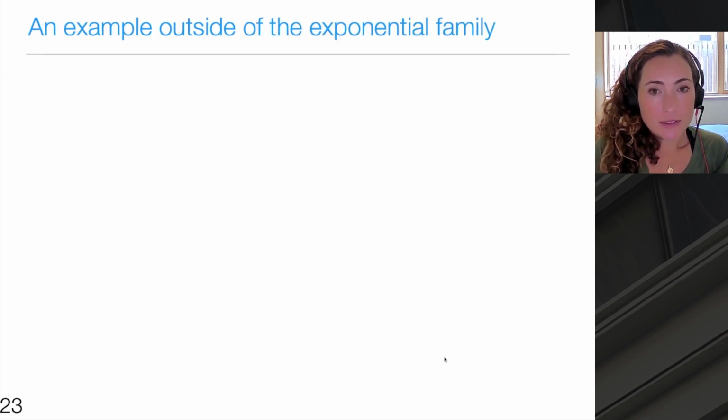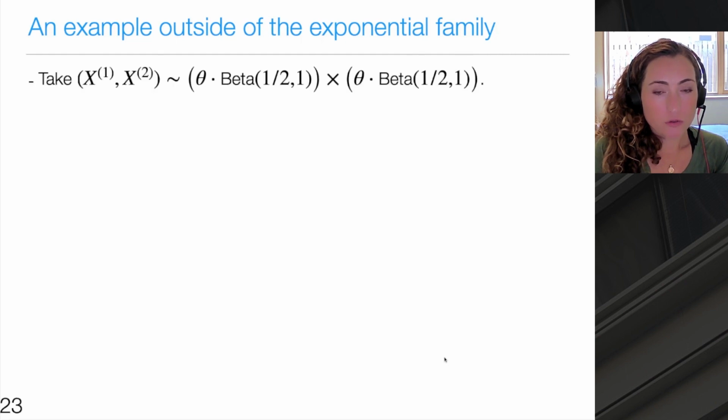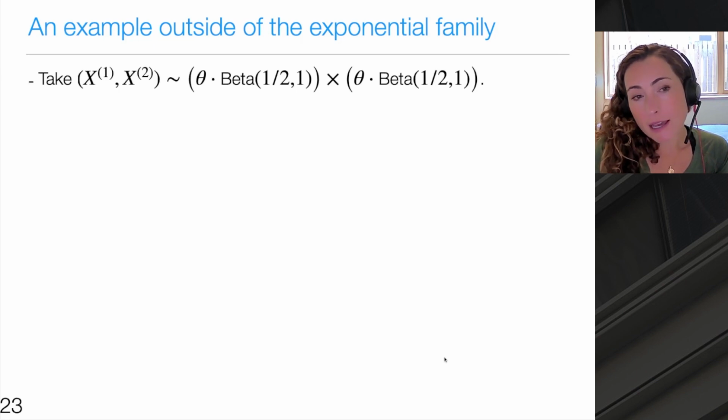So an example outside of the exponential family where the support involves theta: I'm going to take x1 to be a scaled beta random variable and x2 to also be a scaled beta random variable, where the scaling is by this parameter theta. So x1 and x2 are IID in this example, and feel free to try to guess ahead what distribution I'm going to be thinning here.